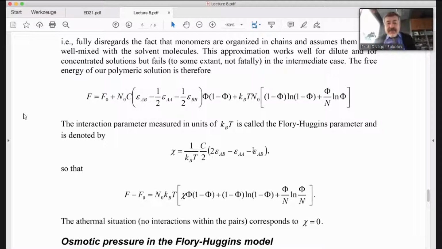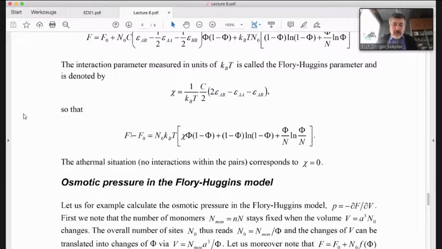And we call this guy, divided by T, the Flory Huggins parameter. And now we have the free energy of our system expressed via the number concentration of monomers only, or the fraction of sites in our lattice model occupied by the monomers only.